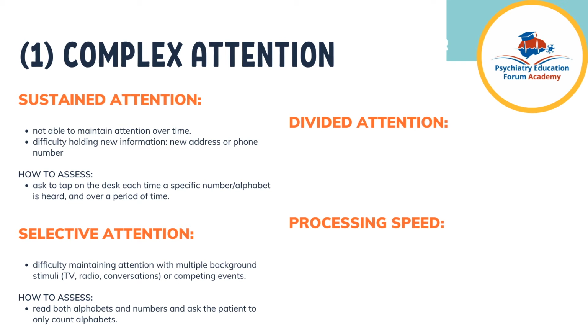Now, that was selective attention. Now, moving to the next one, which is divided attention, which is difficulty attending to two tasks at the same time, which I think goes very well with selective attention also.